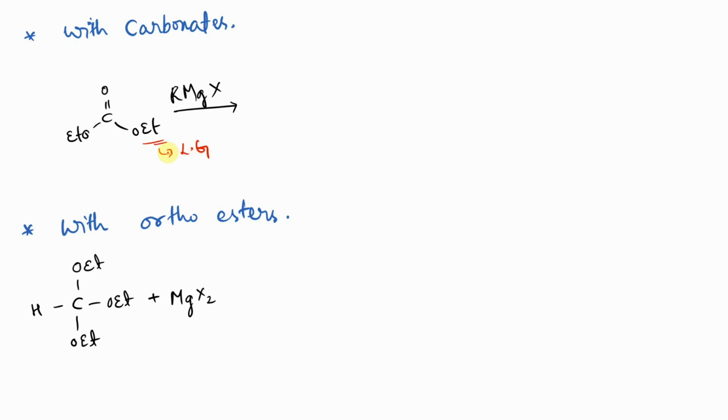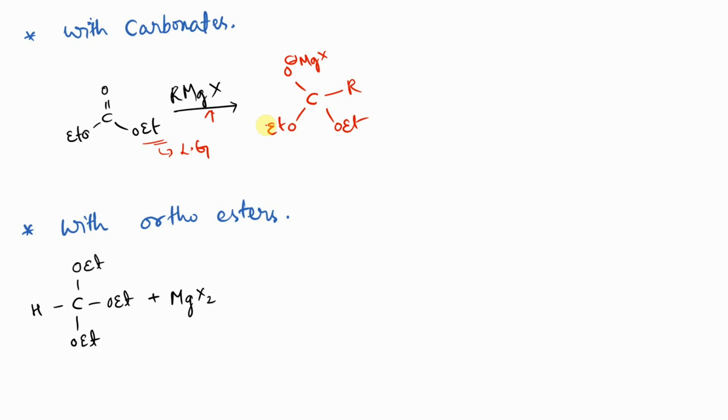So if the carbonate is reacting with Grignard reagent and the Grignard reagent is taken in excess, we clearly observe a substitution process. Grignard reagent leads to the formation of O minus, MgX and R with OEt and OEt.